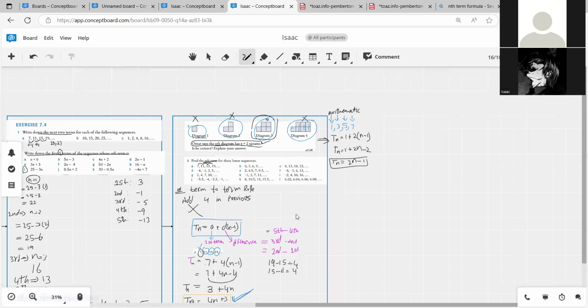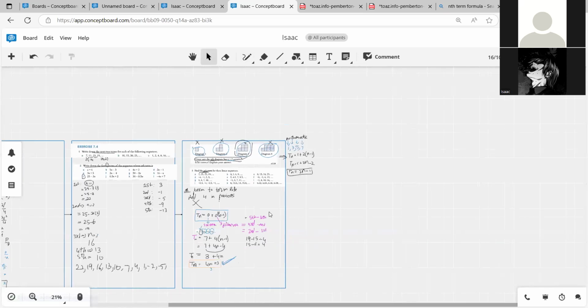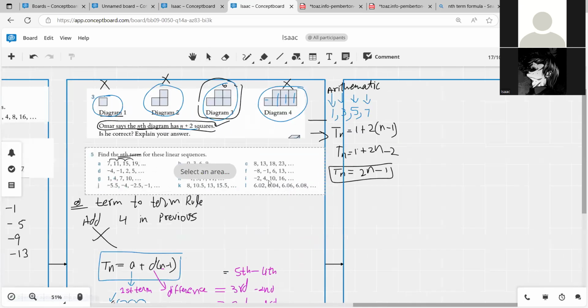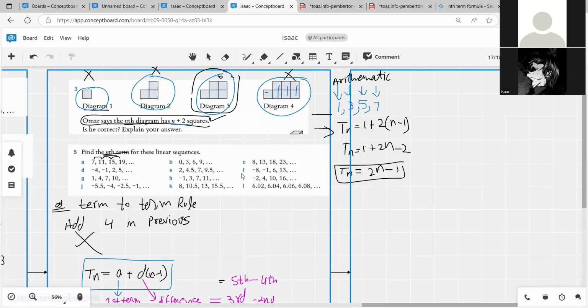You have to find the formula for this. Let's solve the easier one first, then we will solve the difficult one.